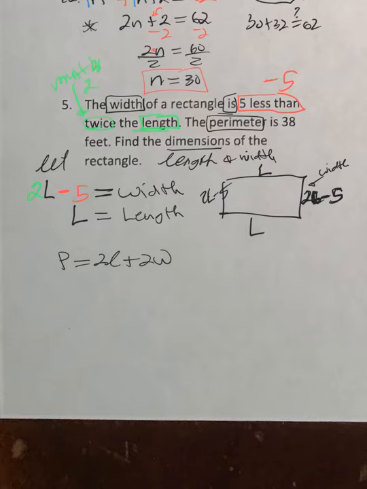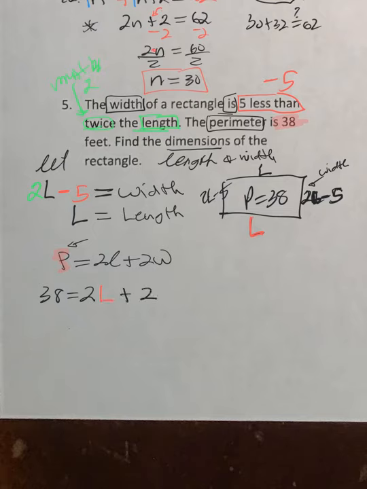So the perimeter is 38, right? So the perimeter is 38. So probably a good idea to add that into your diagram. So 38 is the perimeter. So 38 equals 2 lengths. And notice we use capital L for length. So 2 lengths plus 2.